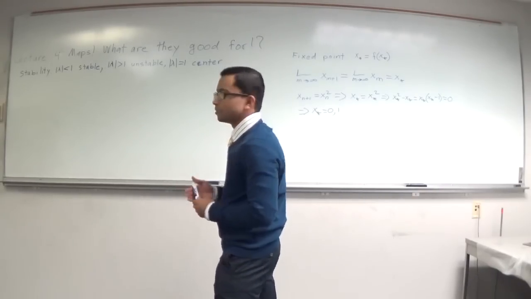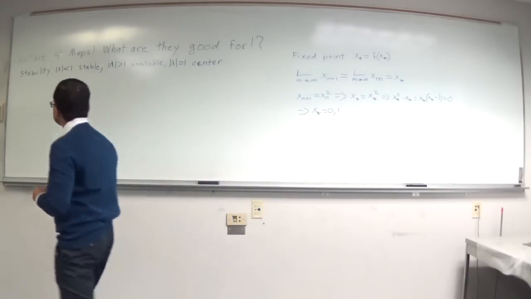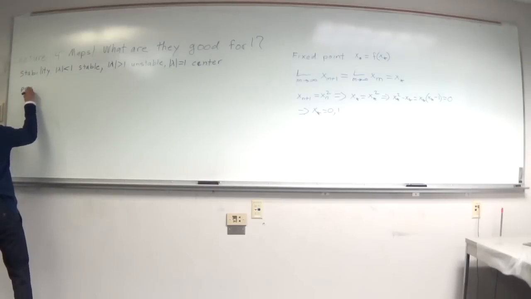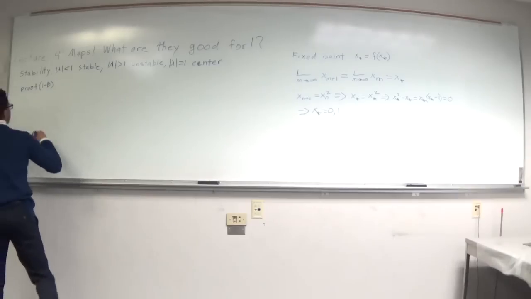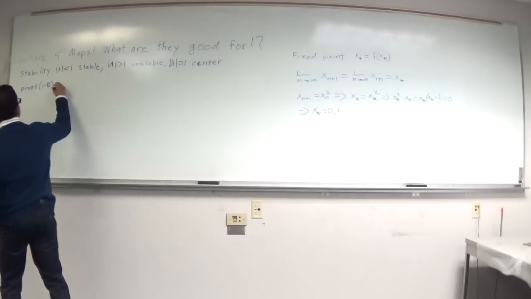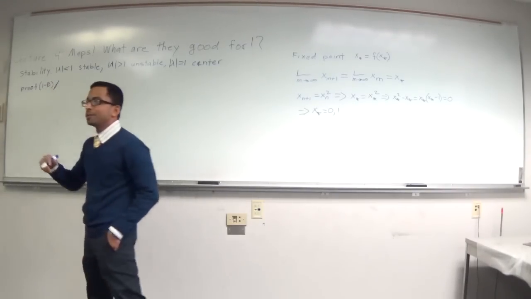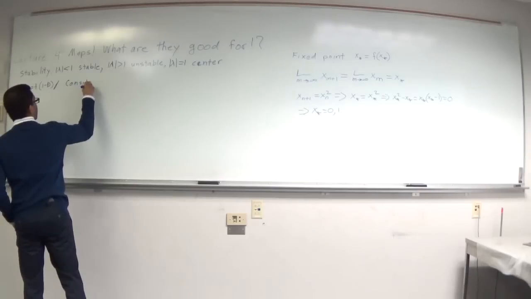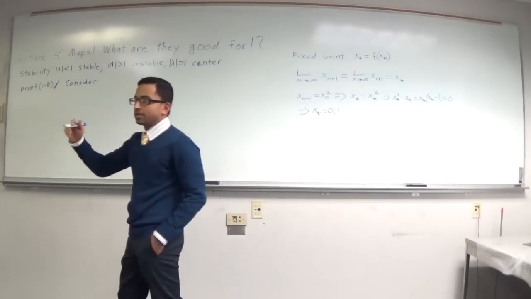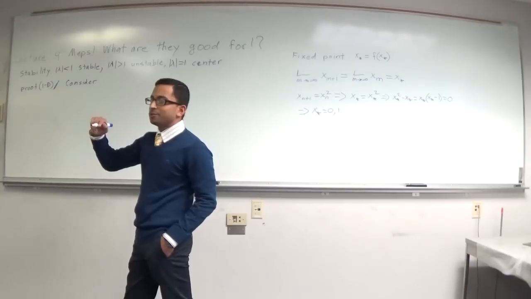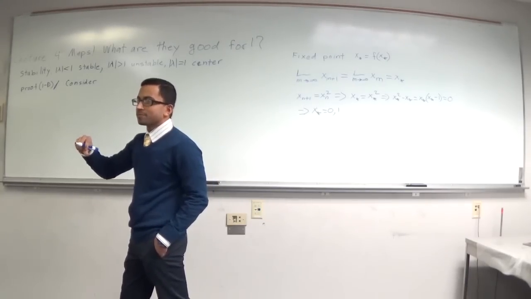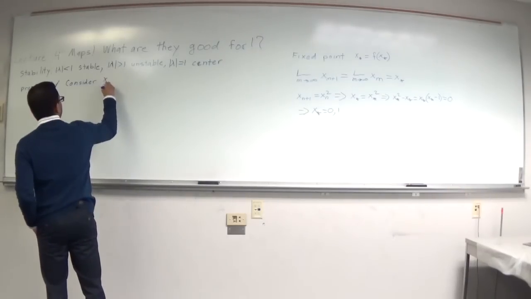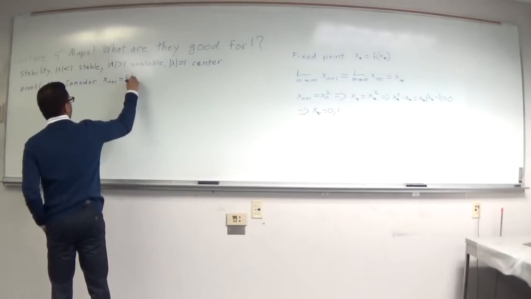But now let's prove this for the 1D case. So proof, and we'll only think about it in 1D. How do we think we're going to prove this in 1D? Let's consider a map in 1D. How do we want to write that? x_{n+1} is equal to f of x_n, right?